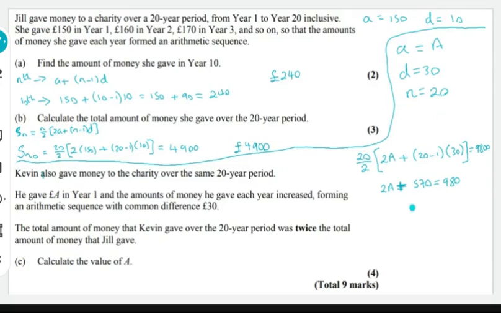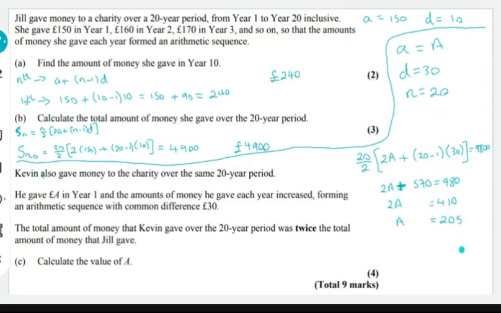And then taking away 570, I get 2A equals 410. Then A is equal to 205.